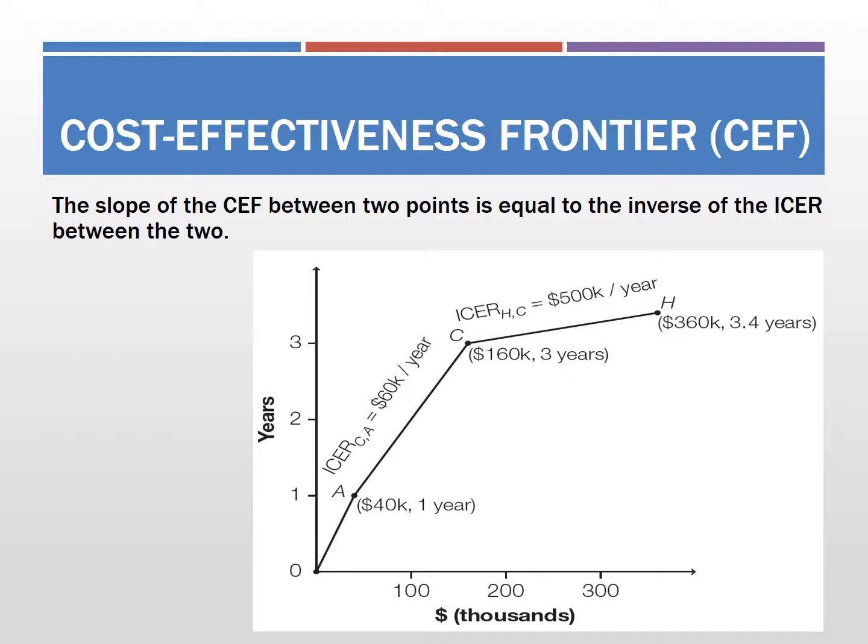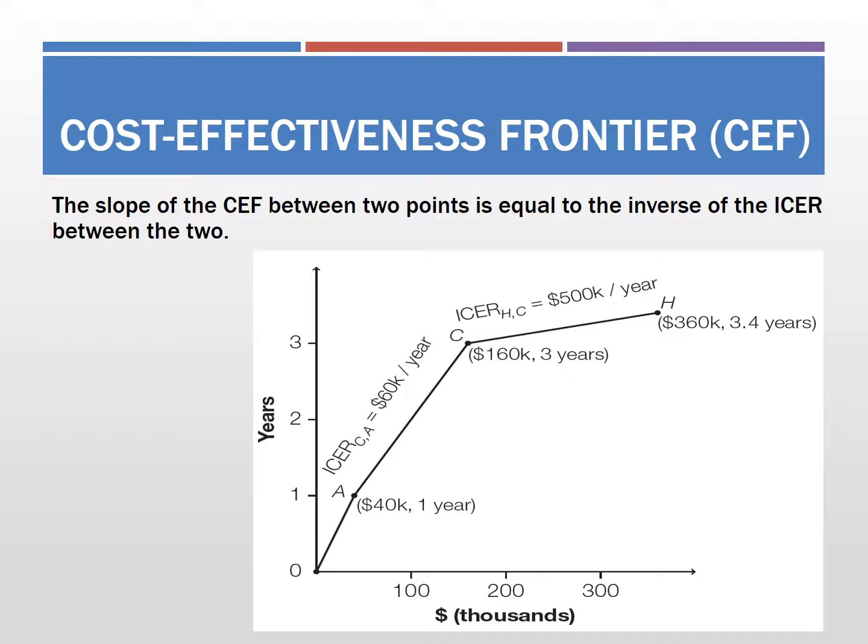Well, the slope of the treatments will also be very important to interpret. So let's suppose we are going to think about the slope of these 3 points here, point A, point C, point H. These slopes actually give us the inverse of the ICER between the two treatments.